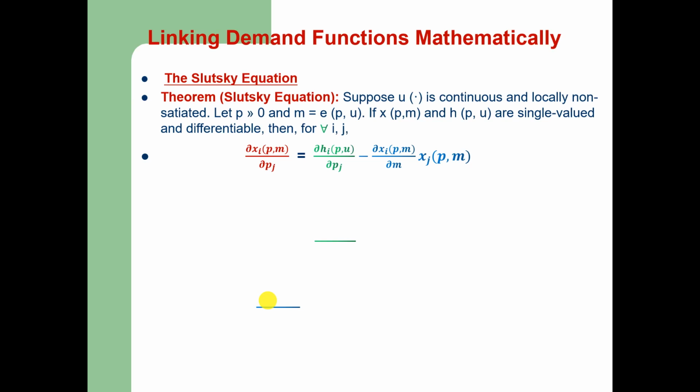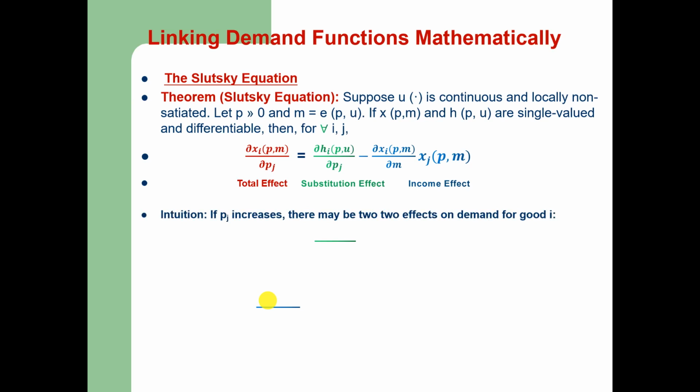Now this equation says that the term on the left hand side is the total effect, and on the right hand side the first term is the substitution effect and the second term is the income effect. The Slutsky equation basically decomposes the total effect into substitution effect and income effect. Now the intuition is, if the price of xj increases, it may have two effects on the demand for good xi.